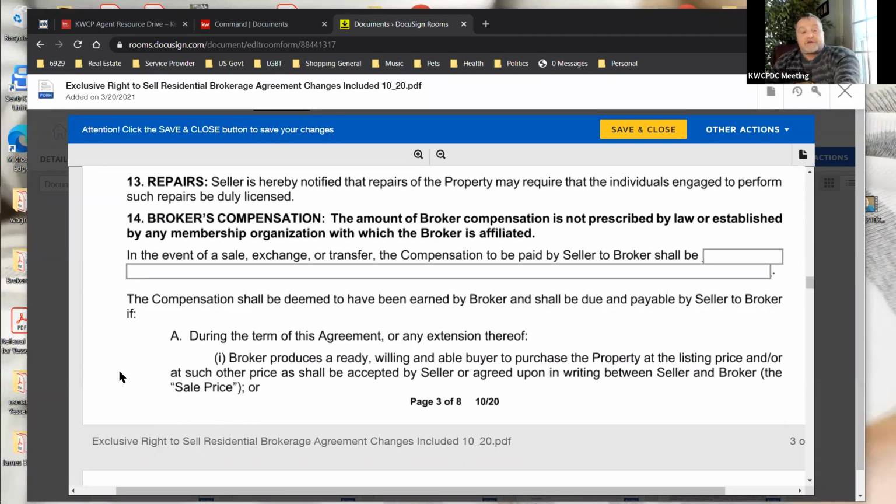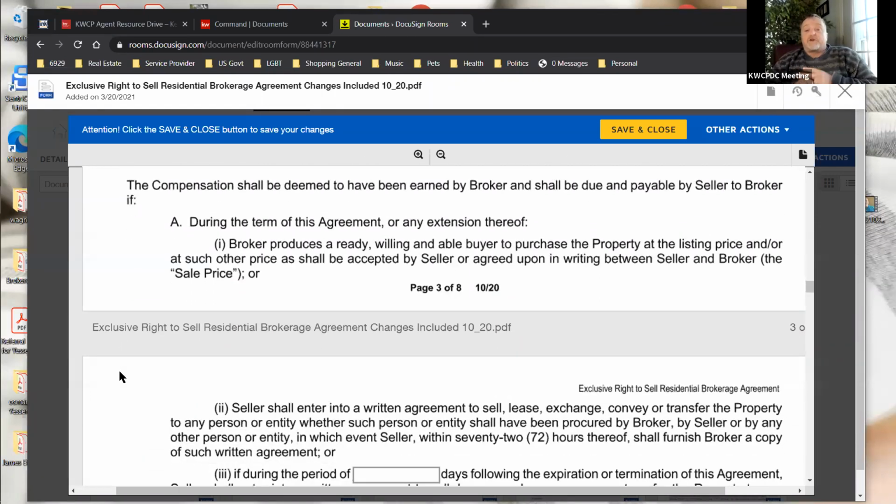Now, when we talk about the first one, if you produced a ready, willing, and able buyer at the list price, those are the terms and conditions that define what we're entitled to receive commission. Now, different people have different practices about this. Do we always execute and hold the seller liable for that commission?